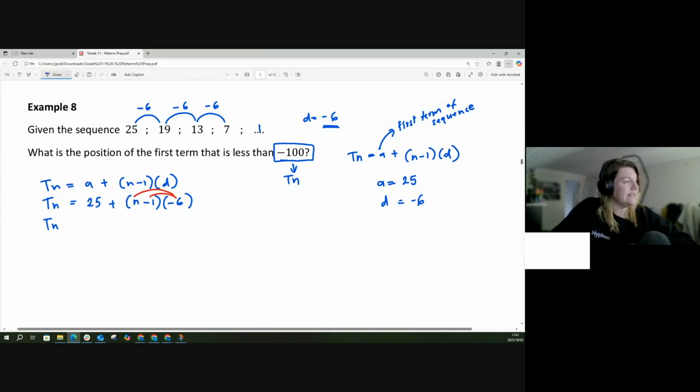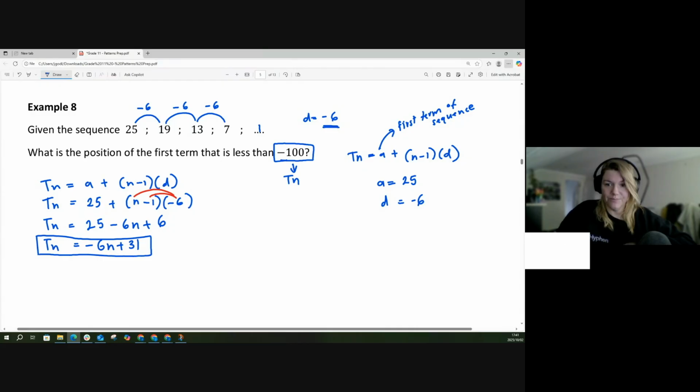So we get Tn is equal to 25 minus 6n plus 6. So Tn is equal to negative 6n plus 31. That is our general rule or our general formula.